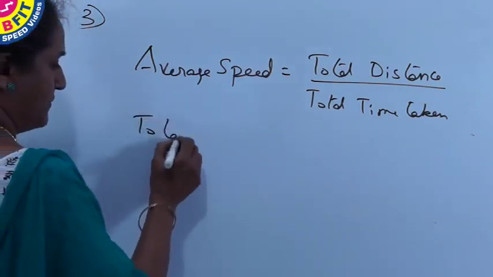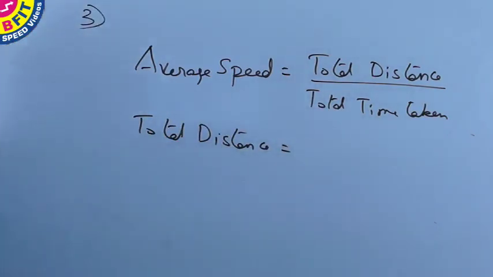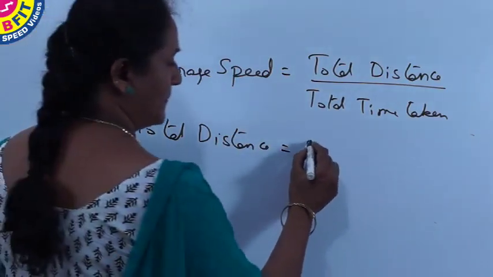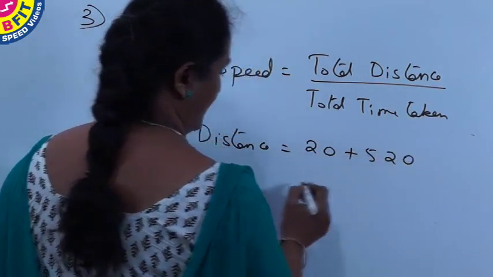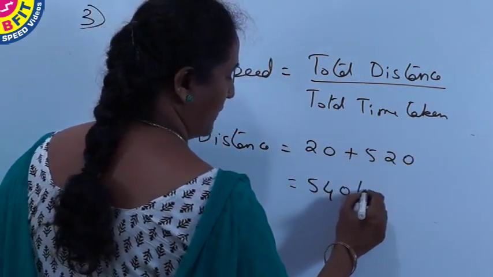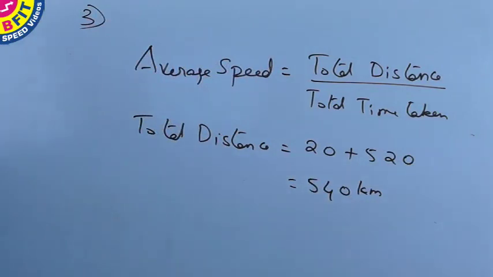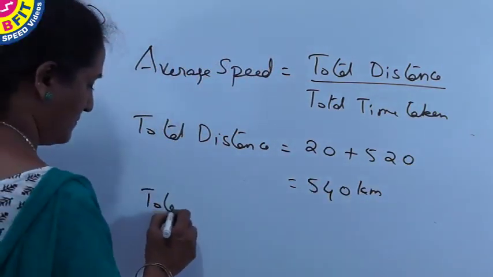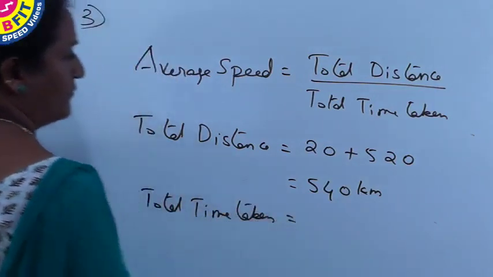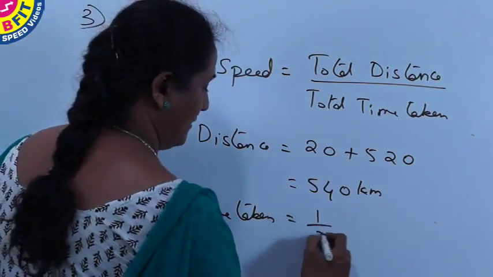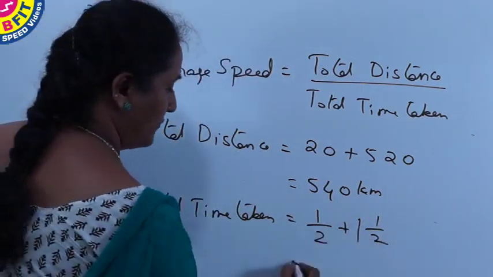Say total distance equals the distance covered by car, 20 kilometers, and the distance covered by the flight, 520 kilometers. So in total he covers 540 kilometers in his journey. And the total time taken: he travels by car for half an hour and by flight 1.5 hours, which is equal to 2 hours.